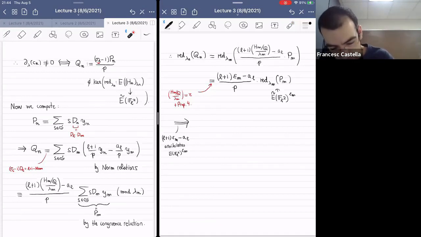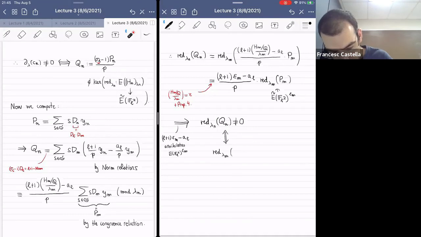But from this we conclude that this reduction is going to be non-zero if and only if this point is not divisible by P.